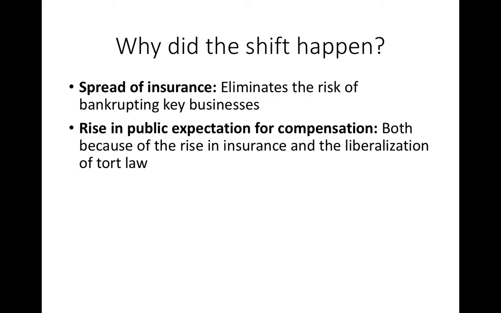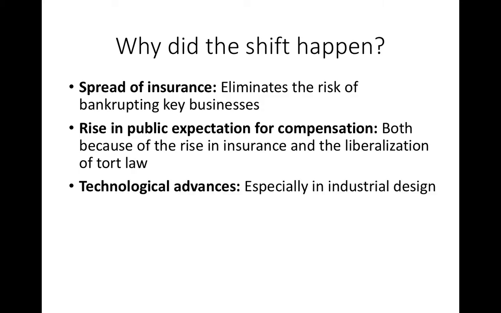But nevertheless, this shift has really caused us as the American public to expect somebody to compensate us when something bad happens. It may be that our insurance companies step into the void to compensate us. It may be that we hire an attorney and file a tort lawsuit. But nevertheless, we expect compensation.